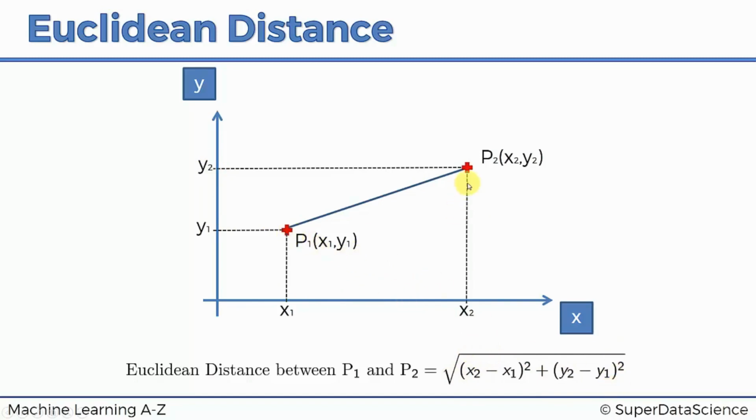Basically, you've got a right-angle triangle, with one cathetus here and another cathetus here, and this is the hypotenuse. That is how you calculate the distance between the 2 points. It's basic geometry from high school, and that's how Euclidean distance is calculated, and that's what we're going to be working with.